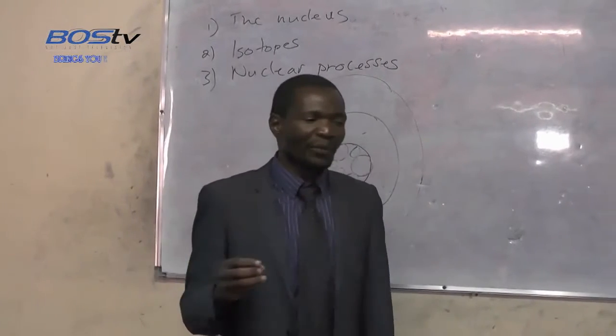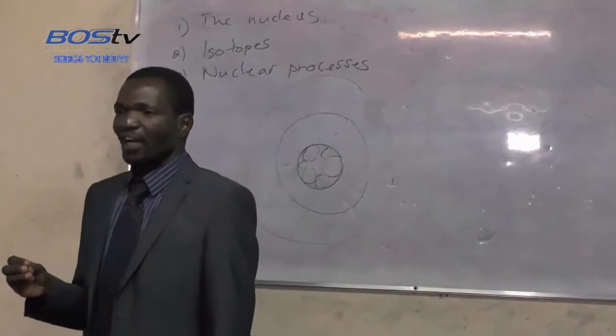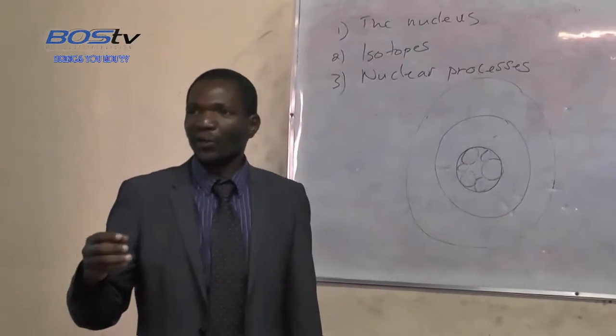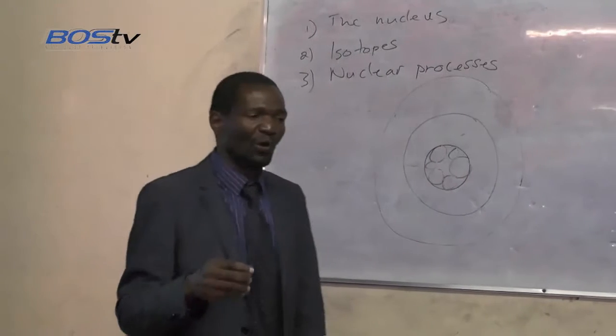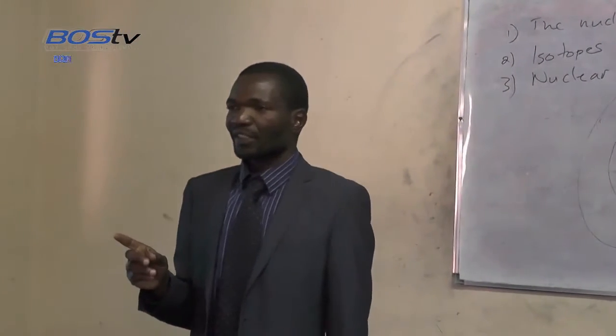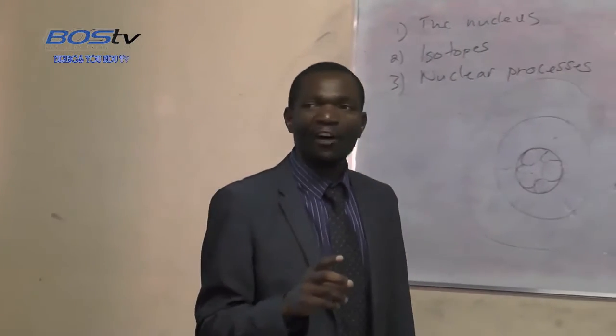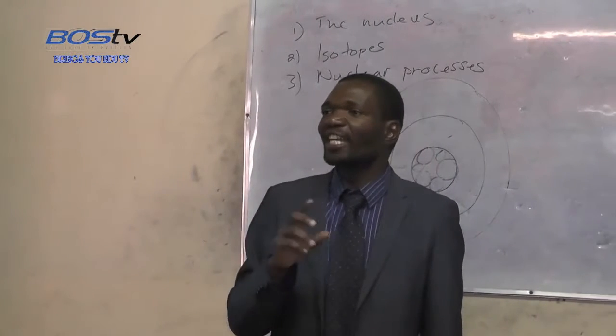So the masses are really small, and they are difficult to deal with at that level. So we can redefine a certain quantity. From now onwards, we are going to be dealing with a quantity which we call the atomic mass unit, which is a more convenient mass to deal with in our calculations in nuclear physics.